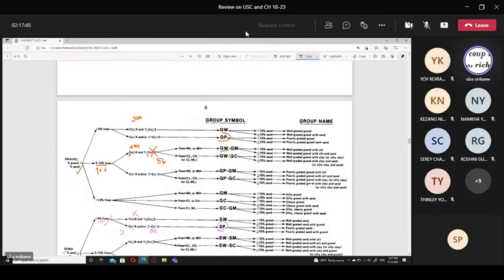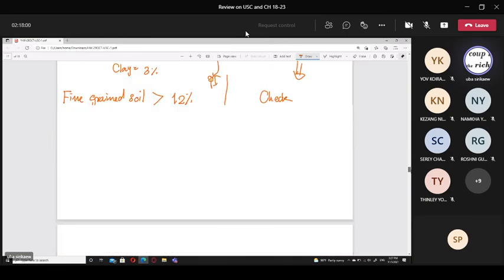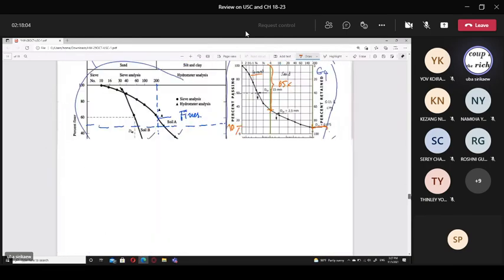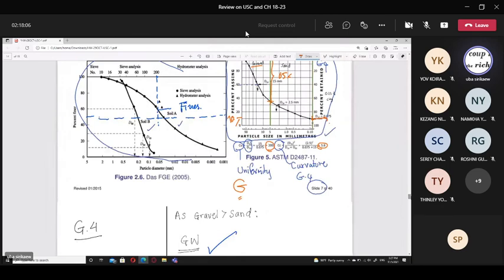GP, and you have to check M or C by the plasticity chart. What should the answer be? P, not W: GP.